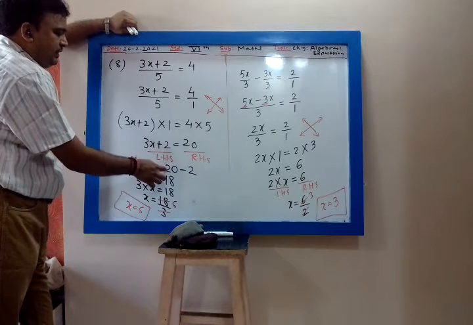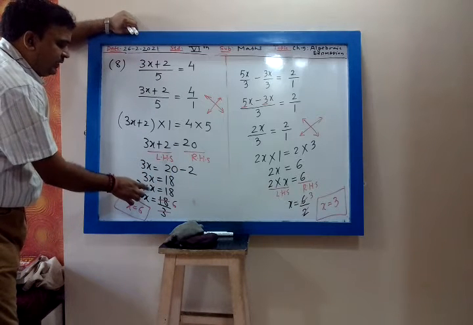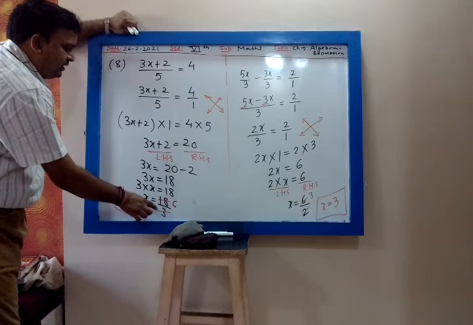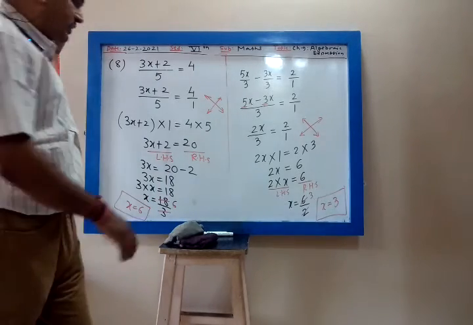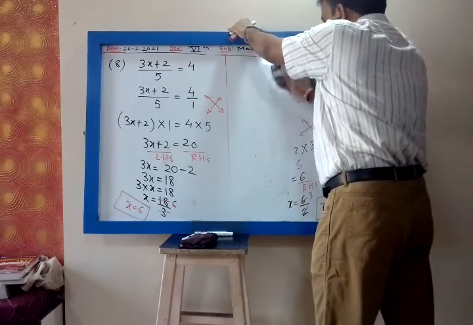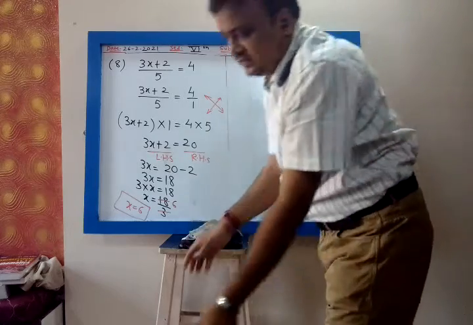It will be minus 2. 20 minus 2. So 3x is 18. 3x means 3 into x is 18. 3 is there in the multiplication, so 3 will go in the division. 18 upon 3, that is 6. So our answer is x is equal to 6.